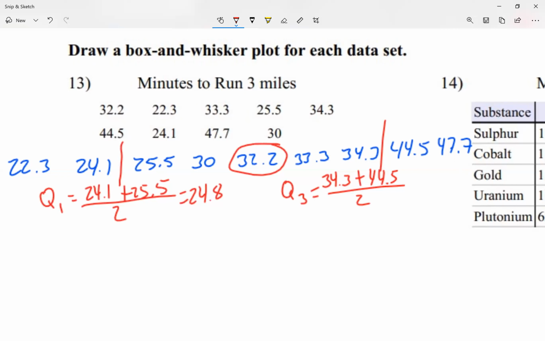Again, let me use a calculator here at the side. I add this and then divide it by 2, and I get 39.4.